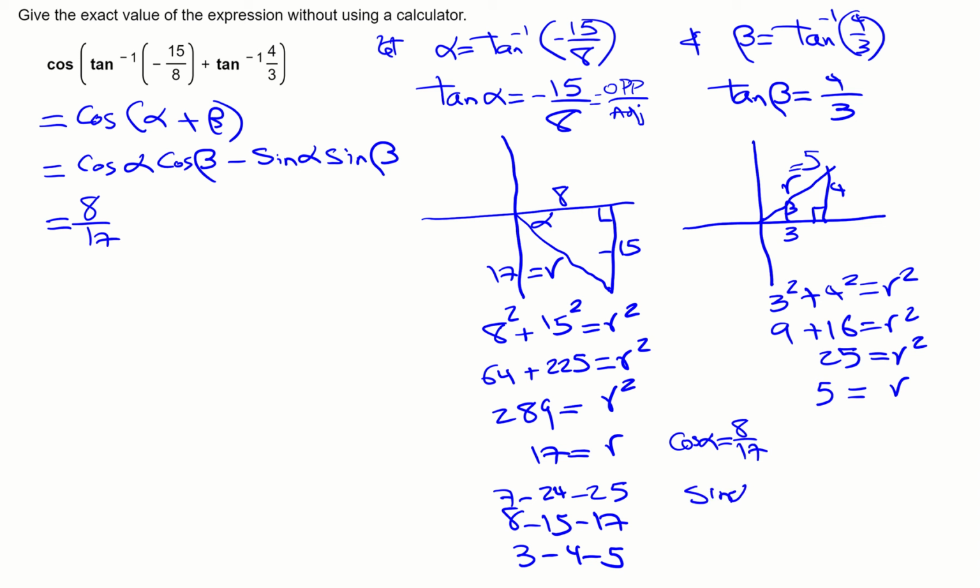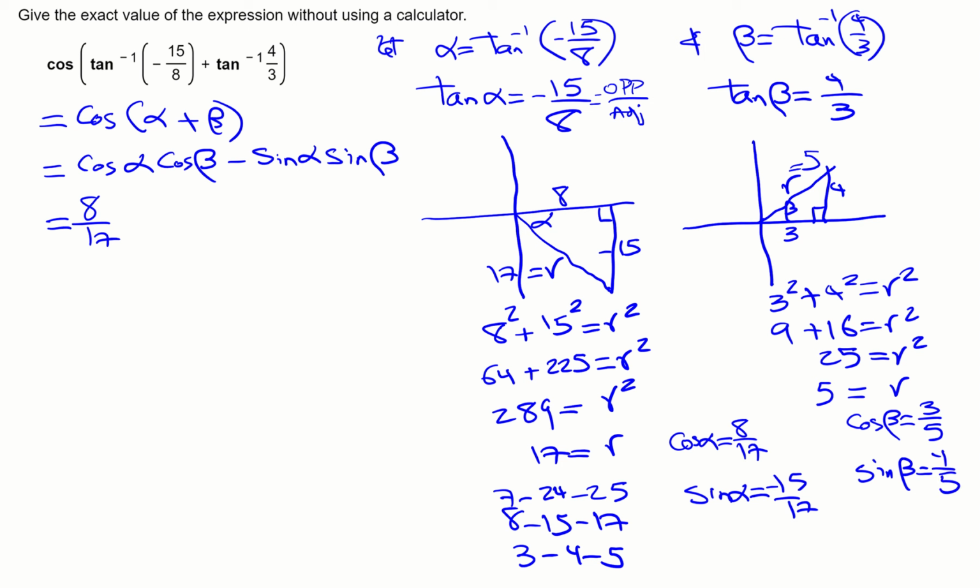Sine of alpha is going to be opposite over hypotenuse, so negative 15/17. For beta, the cosine of beta is adjacent over hypotenuse, so 3/5. And the sine of beta is opposite over hypotenuse, so 4/5.